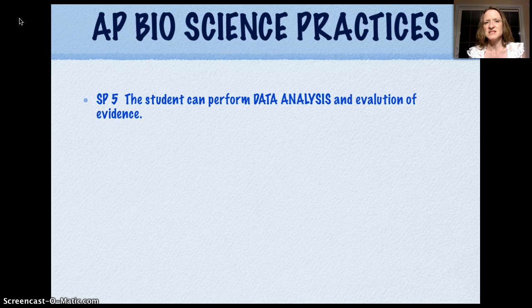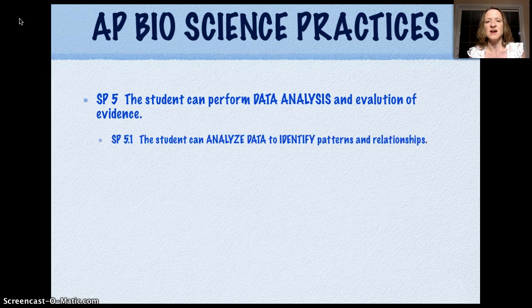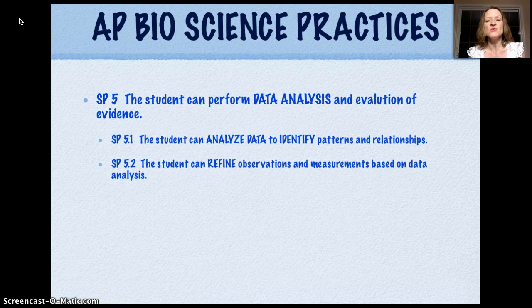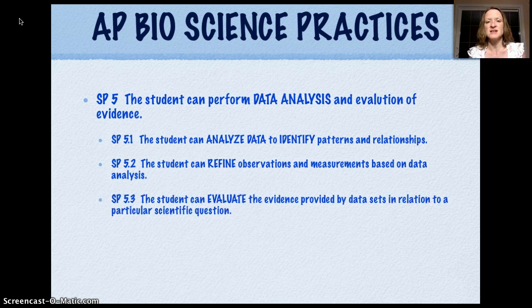Taking a look at those pieces of evidence and evaluating them, and then looking for trends, looking for relationships and patterns so that we can refine our observations, refine our hypotheses, refine our conclusions, and maybe even our measurements, because we may have to go back to an investigation and redo it so that we can make sure that the claims that we're making are valid based on the data that we've collected.